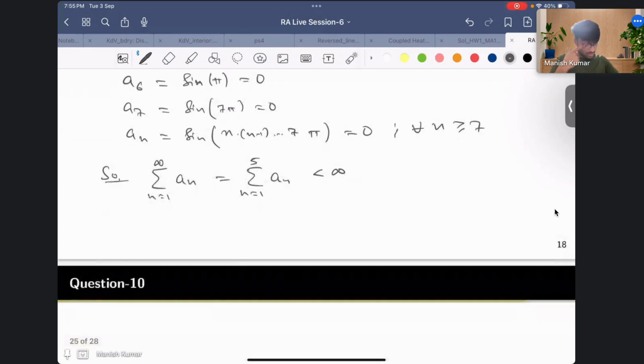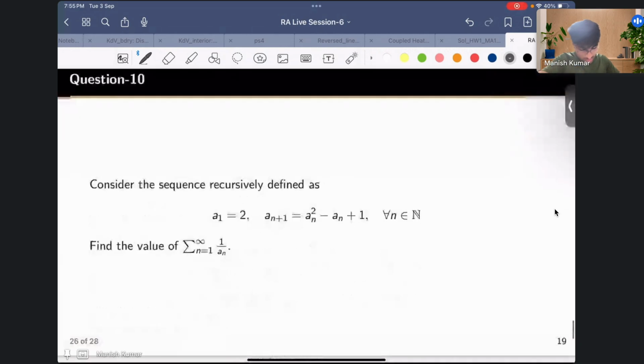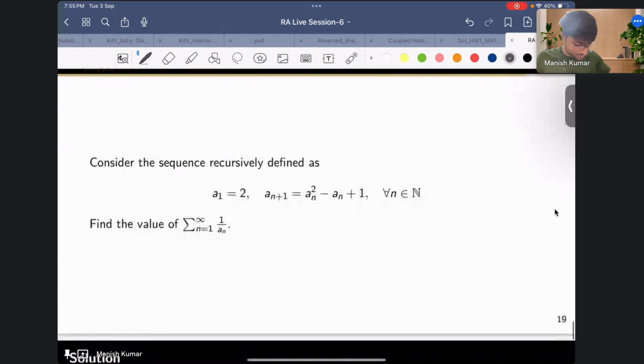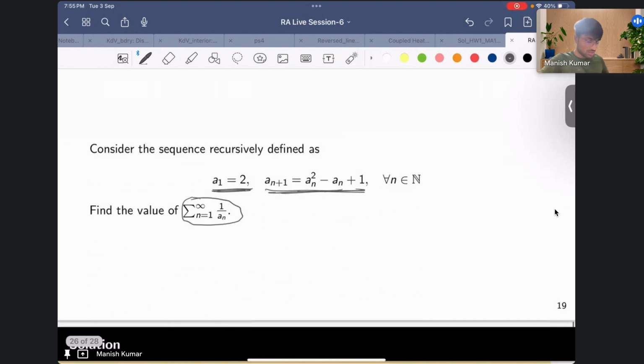Okay, so now let's look at this problem, the 10th one. Over here you have been given a1, and a_{n+1} is defined recursively, and then you have to find the value of the summation of 1 by a_n. In this situation, obviously you cannot use any test, because you have to find a value, and a test just indicates whether it is convergent or not.